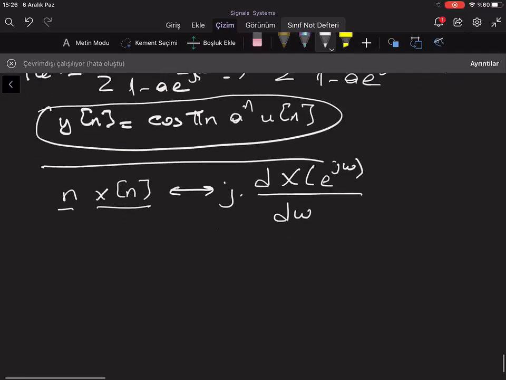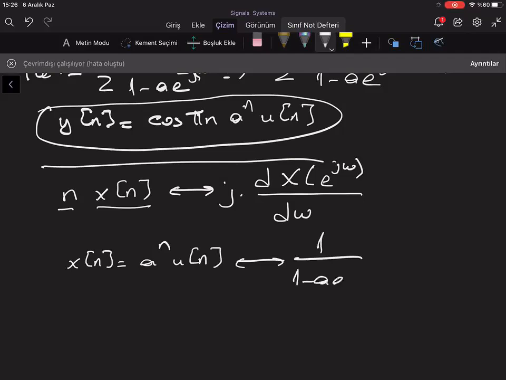So for example, if x[n] is equal to a^n u[n], then the Fourier transform would be 1 over 1 minus a e^(-jω).